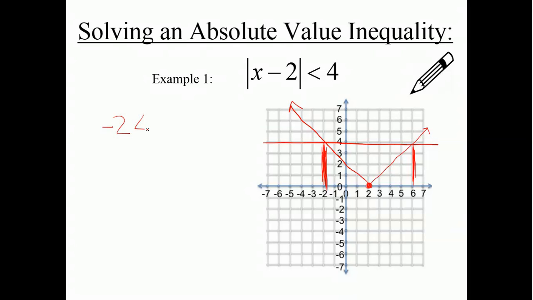So we would write it something like that, an and inequality, because it's covering all these pieces of the graph, right? From here and here.